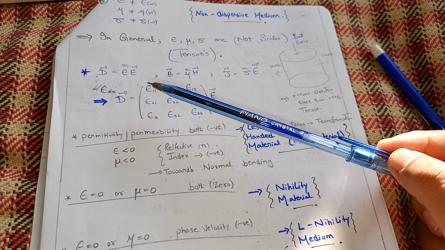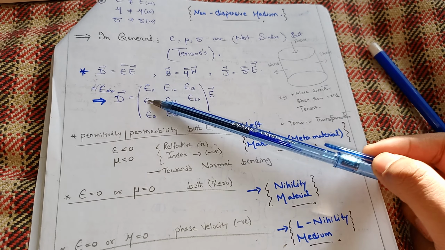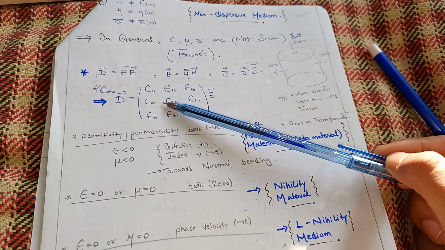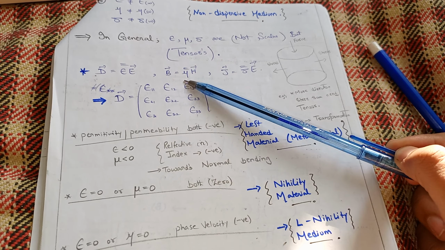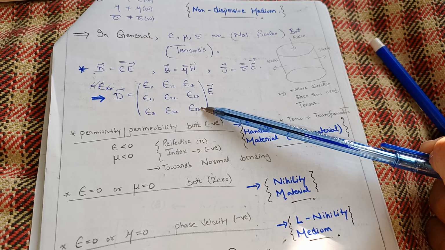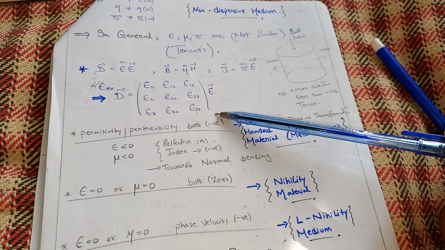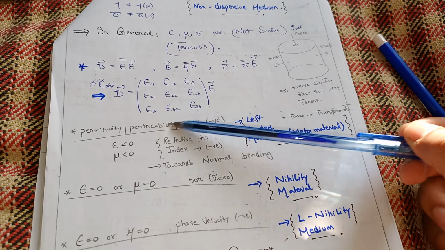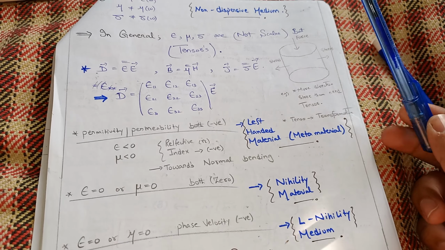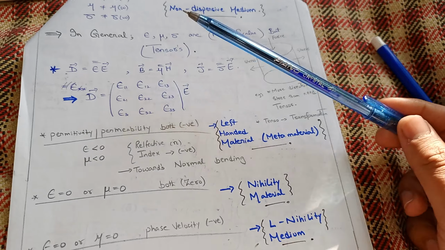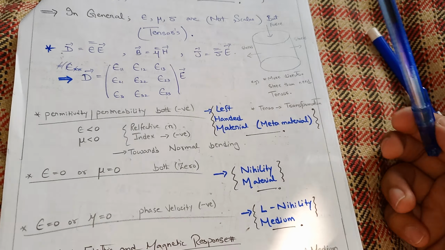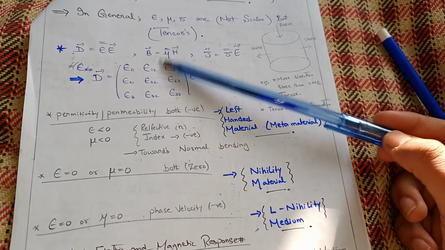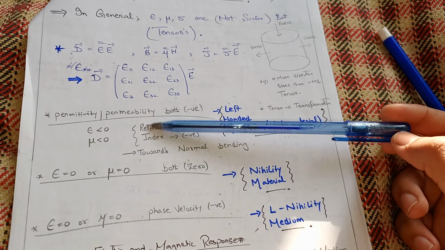This becomes e11 e12 e13, e21 e22 e23, e31 e32 e33, and E is as it is. Similarly, you can write it for mu, and similarly you can write it for sigma. So this is how you can represent it in the form of a tensor. Now basically you can see a tensor is a transformation.